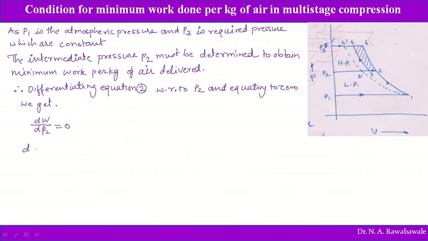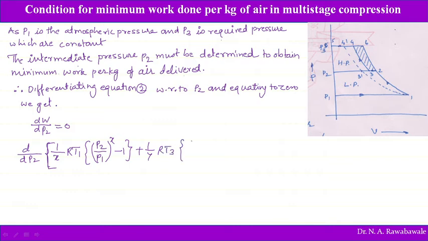Therefore, differentiating equation number 2 with respect to pressure P2, it is 1 over x, R T1, (P2 divided by P1) to the power of x minus 1, plus 1 over y, R T3, (P3 divided by P2) to the power of y minus 1, equating it to 0.